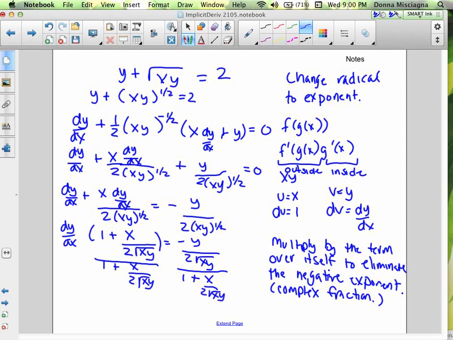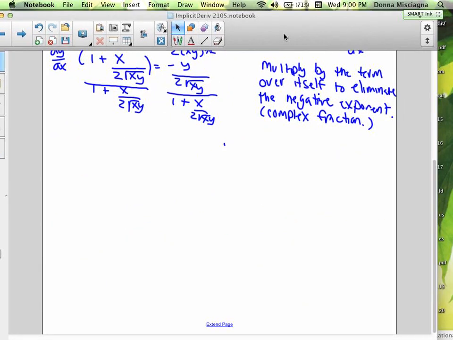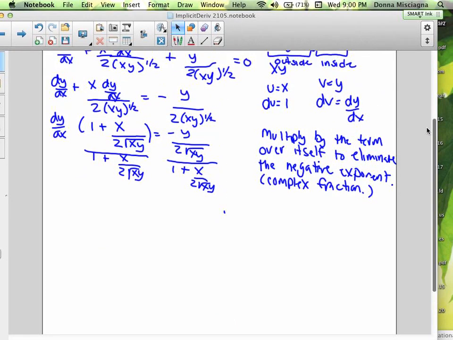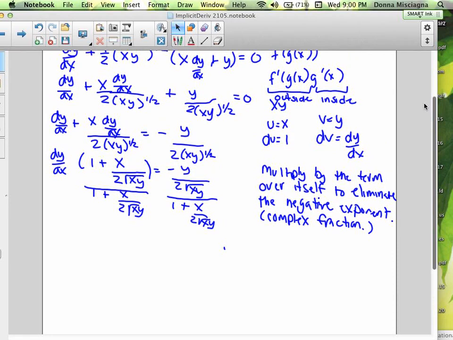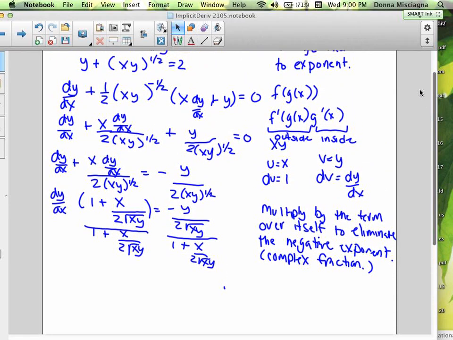All right, so continuing on here, and I'm giving you a hint as to what to do. Off to the side there, we're going to multiply the term over itself to eliminate the negative exponent. So I actually simplified the negative exponent because I kind of like it better this way, I think.